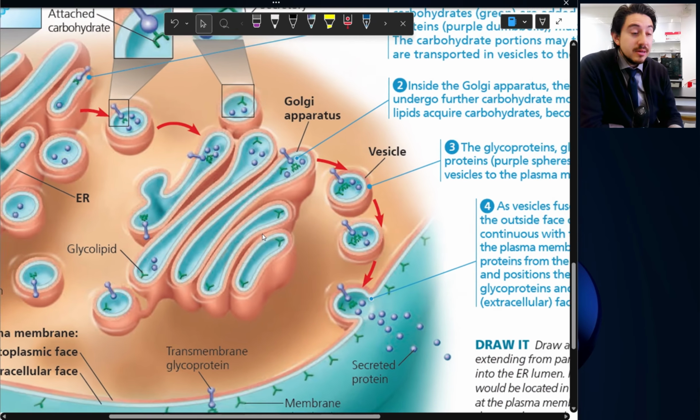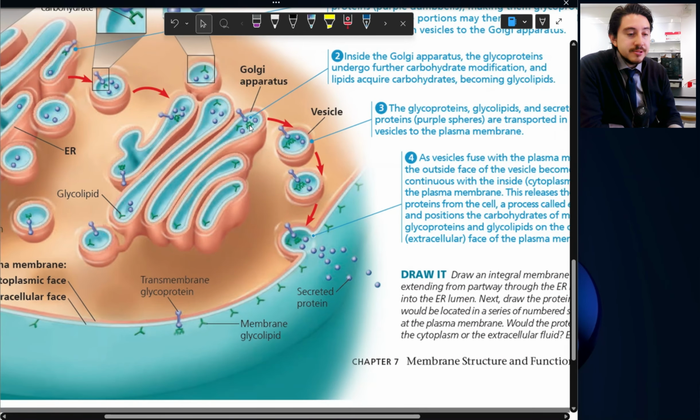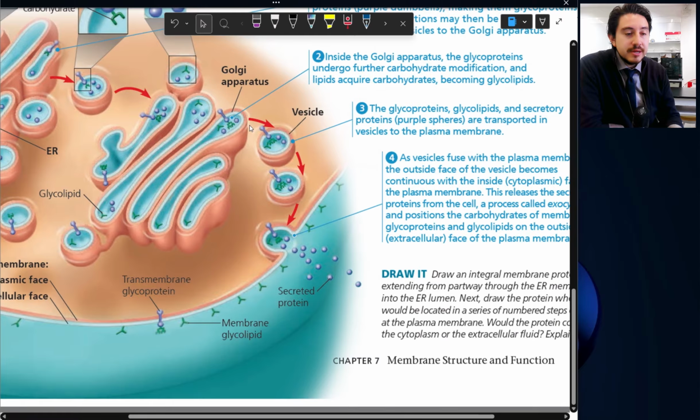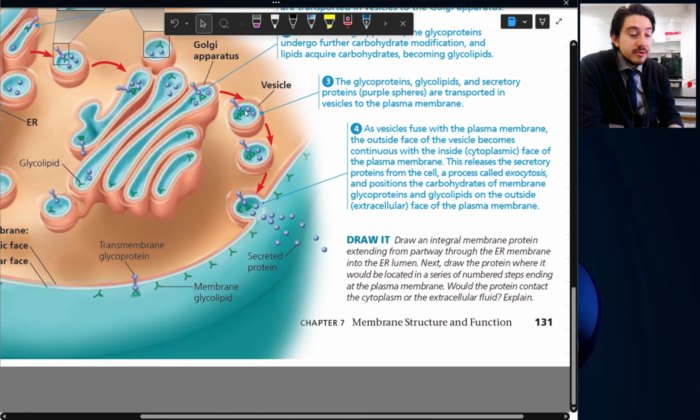And then, again, the vesicle is sent out, and you have these secretory vesicles that contain these particular molecules, and they're shuttled all the way to the outside of the membrane, where you now have a fusion of the vesicle and cell membrane, and the receptors and the ID tags have been embedded into the cell membrane.